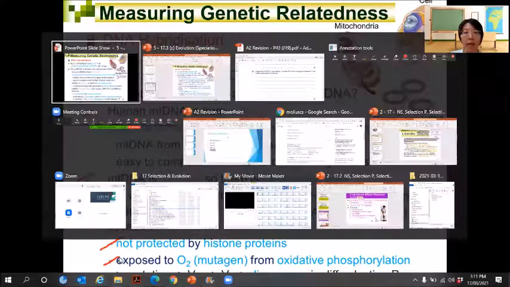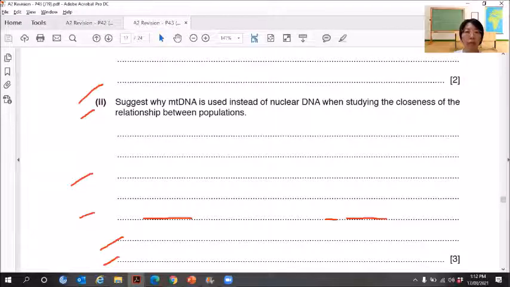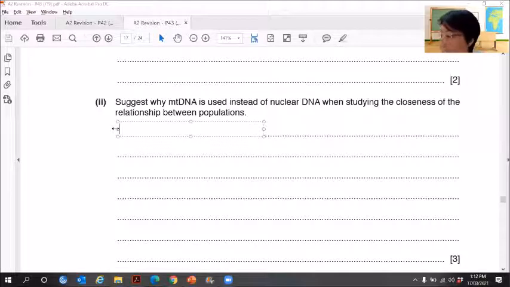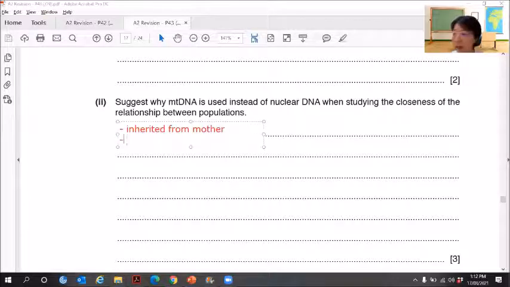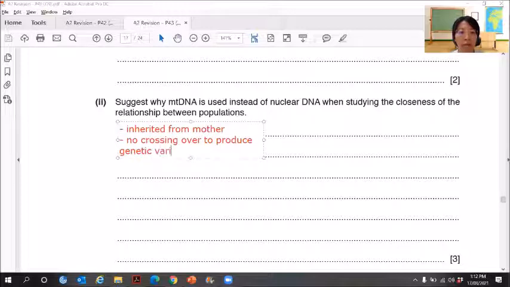Okay, so what is the answer that's needed for you to write in order to score for this question? Why do we choose mtDNA? Because the mtDNA is inherited from mother only. Okay, and there is no crossing over to produce genetic variation or to change the genetic makeup of the mitochondrial DNA.